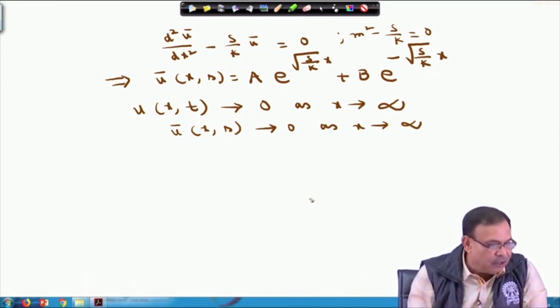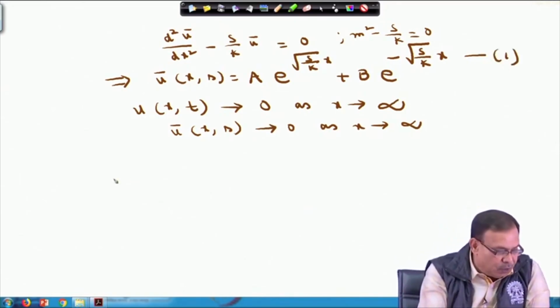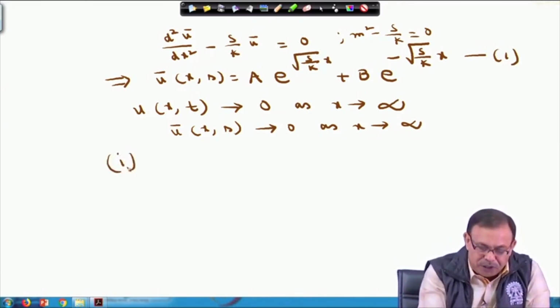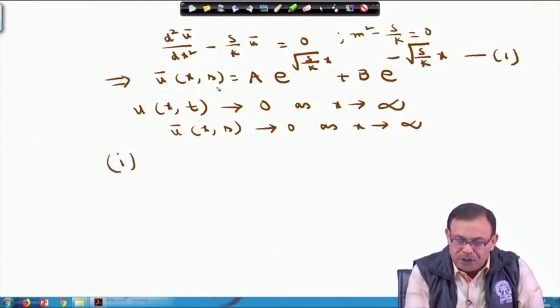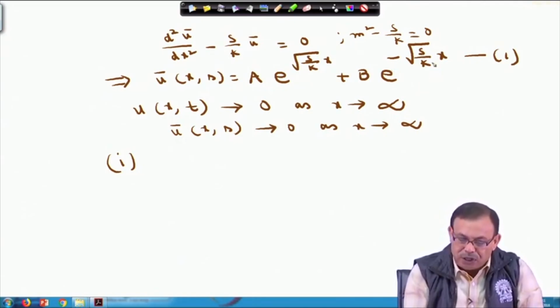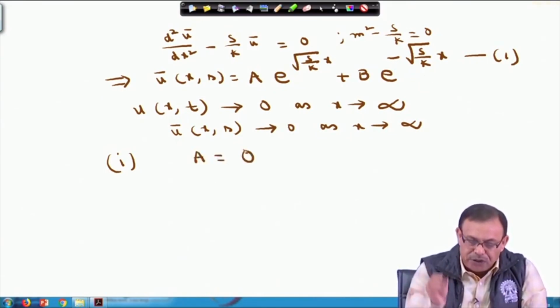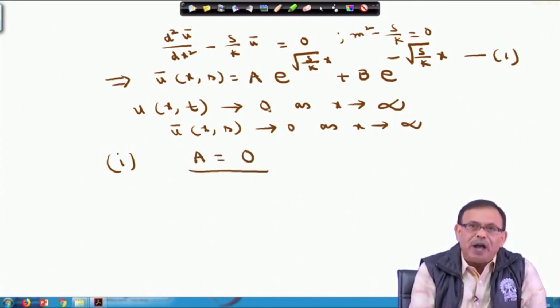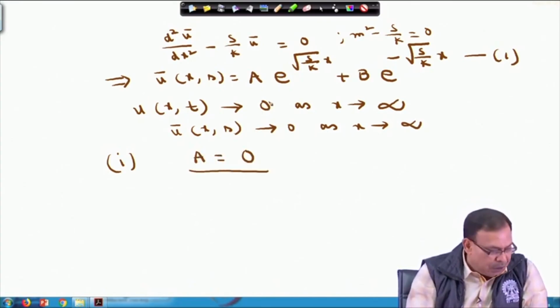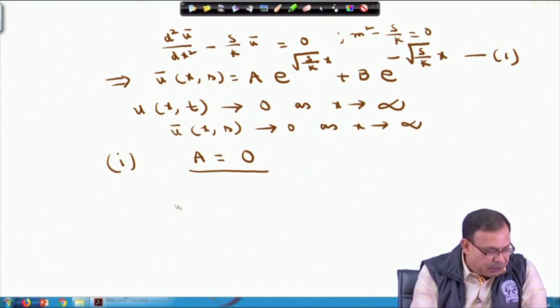Therefore, from the given equation 1, what will you obtain? If I substitute this, the term approaching infinity will vanish and you will obtain a as 0. So one value of the constant is a equals 0.